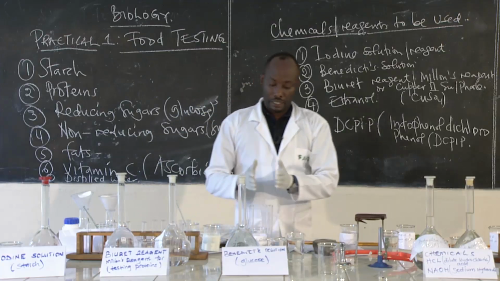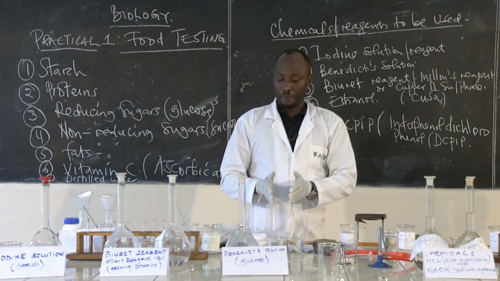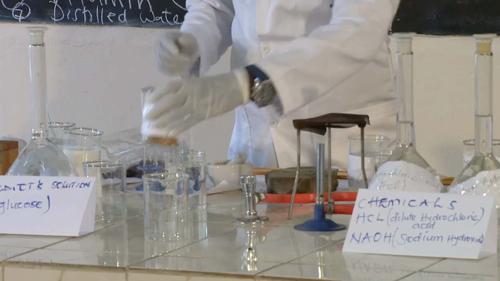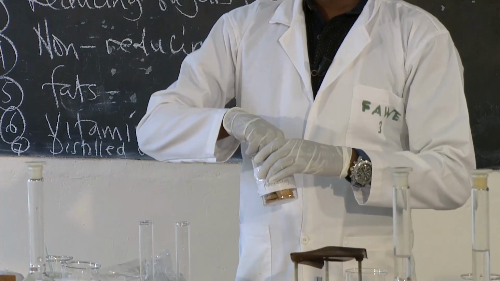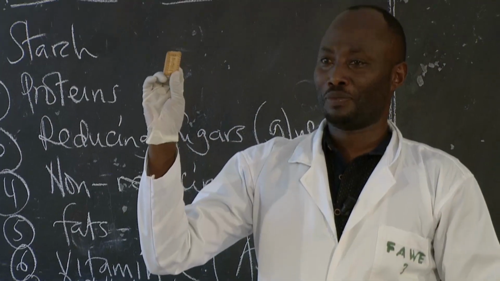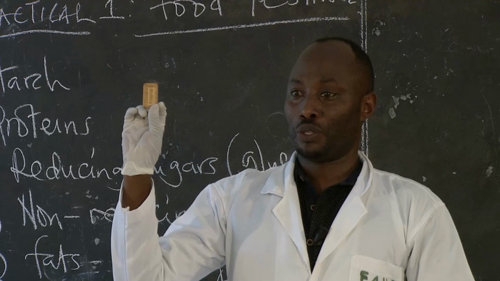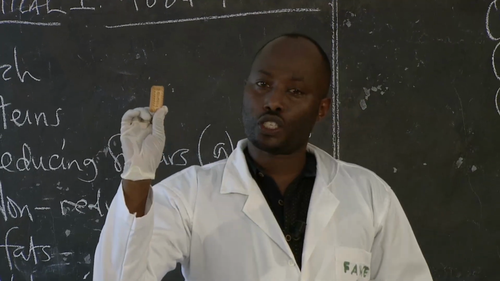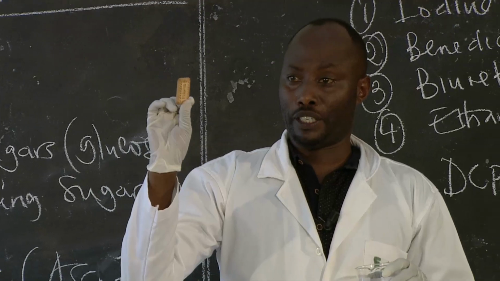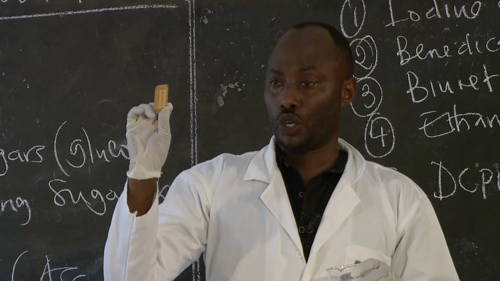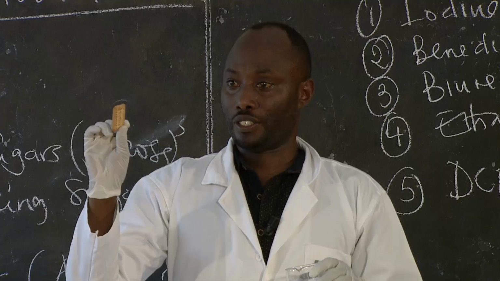I have sample C, something very interesting, very beautiful. You can see and observe. What is this? Biscuits. I'm going to use glucose biscuits to test the presence of glucose. If I say glucose, I mean reducing sugars.